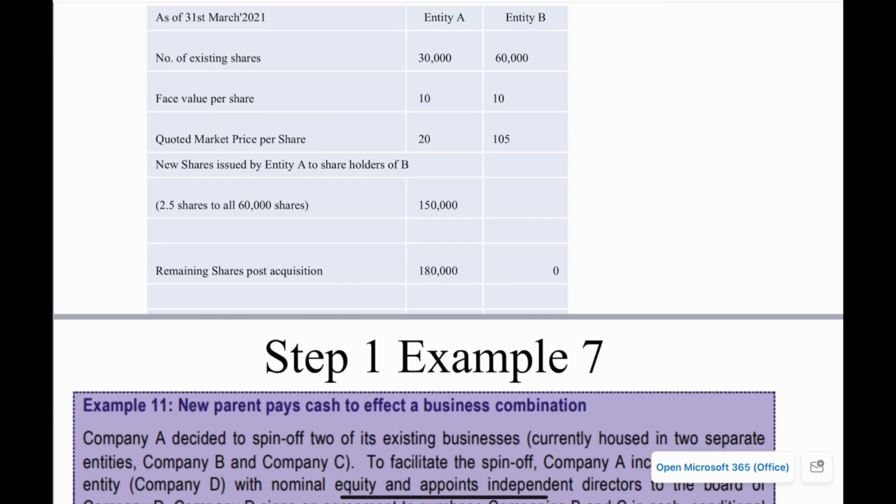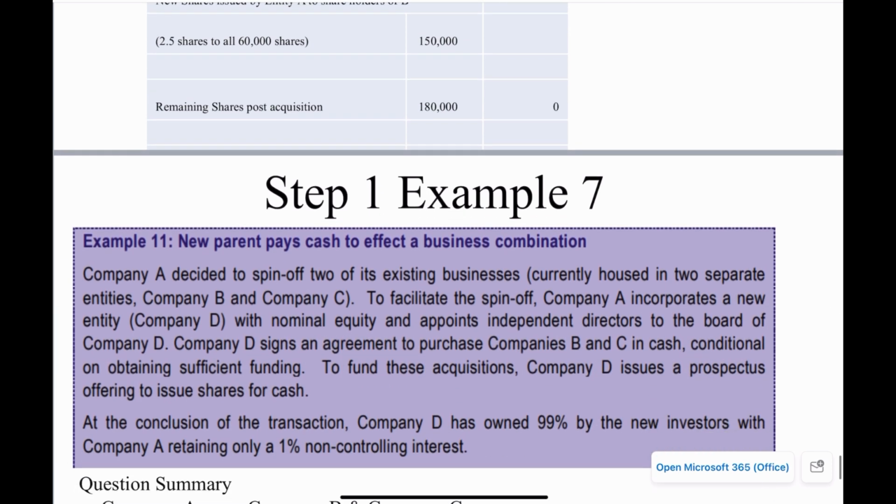It's given that new shares issued by entity A to shareholders of entity B is 2.5 shares for all the 60,000 shares. So 60,000 into 2.5, 150,000 shares need to be issued. So the remaining shares post acquisition is 180,000.